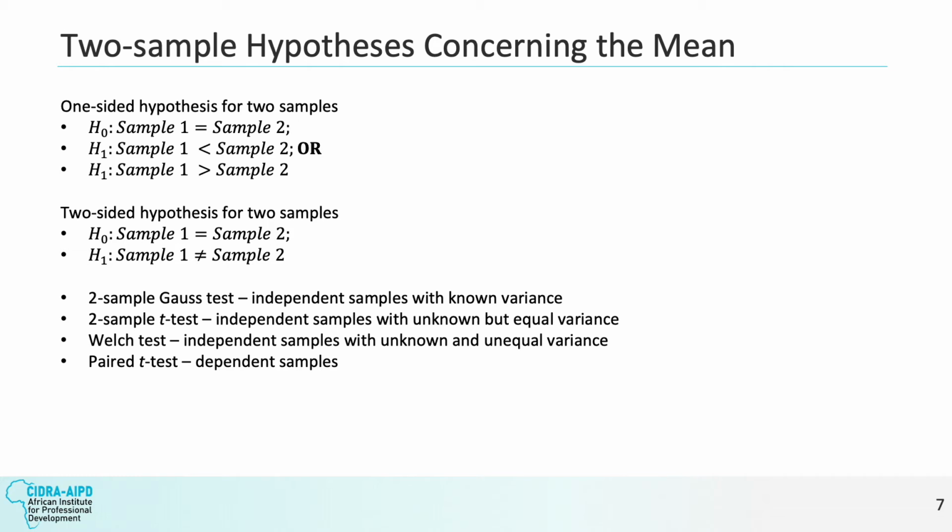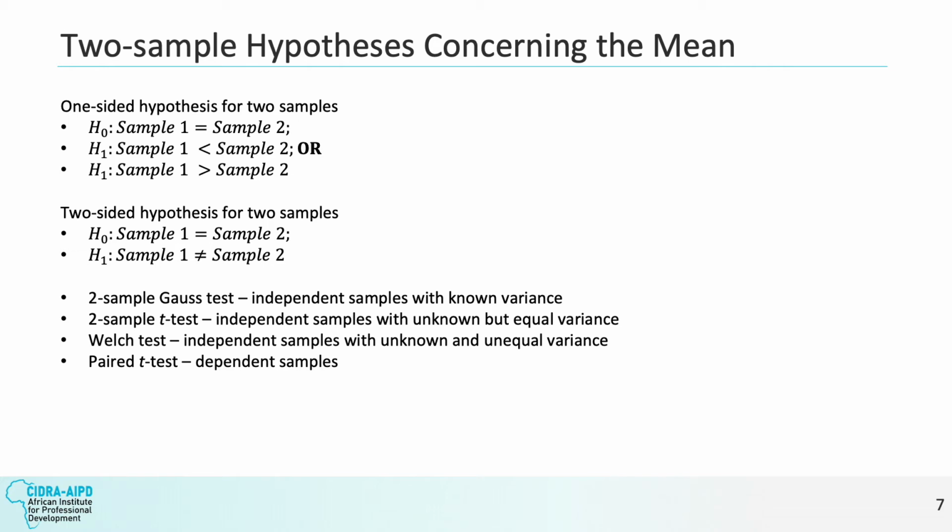The type of test we choose is again dependent on if the variance is known or not, but also if the samples are independent or dependent. We've already discussed how to use Gauss and t-tests for one-sample problems, and you can use both types of tests for two-sample problems if the samples are independent and you either know the variance or at least know that the variance is equal.